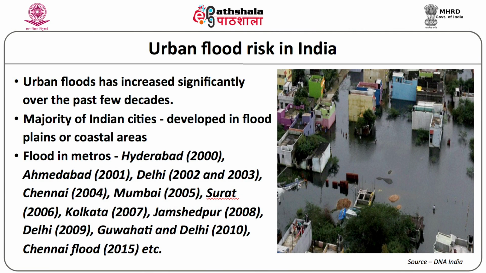Examples can be cited of Hyderabad 2000, Ahmedabad 2001, Delhi 2002 and 2003, Chennai 2004, Mumbai 2005, Surat 2006, Kolkata 2007, Jamshedpur 2008, again Delhi in 2009 and Guwahati and Delhi in 2010.